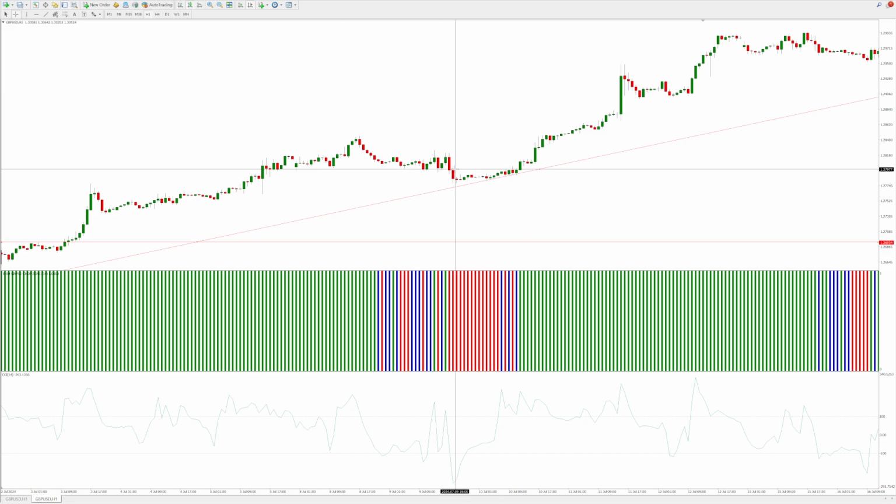You can see the price fell significantly below here. You can wait for it to head back up and cross above, and that would have been confirmation there to take a trade, and there as well.